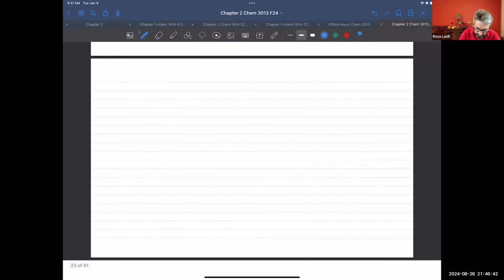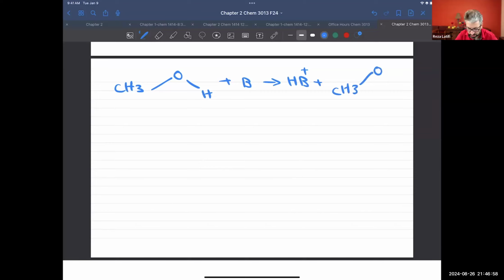Now let's go after the answer. I have CH3 attached to O, H. If I react it with a base, it will give me HB plus, and CH3 attached to O, which will have a -1 charge. And how about this? CH3, S, H, plus B. Let's say we are dealing with equilibrium.